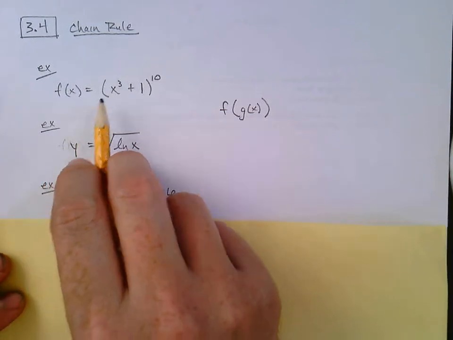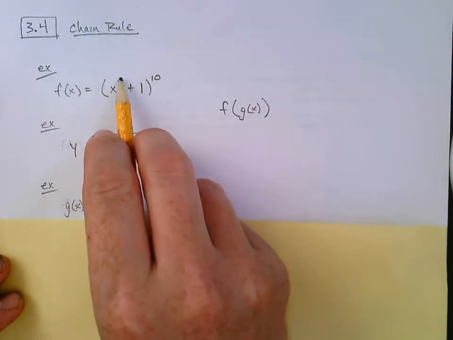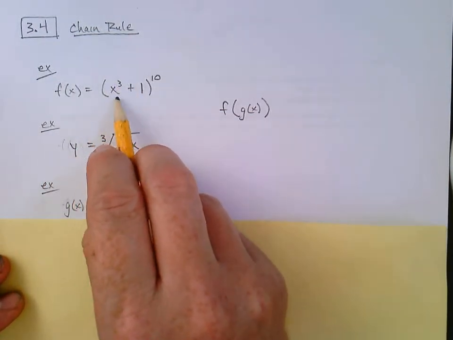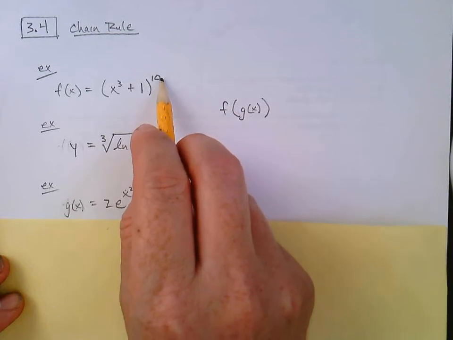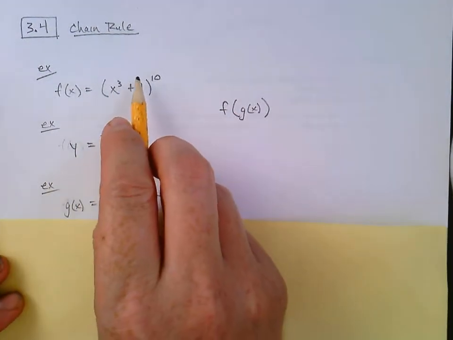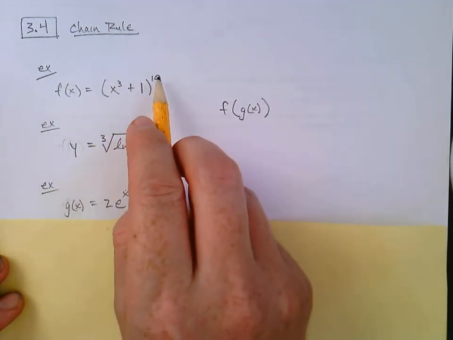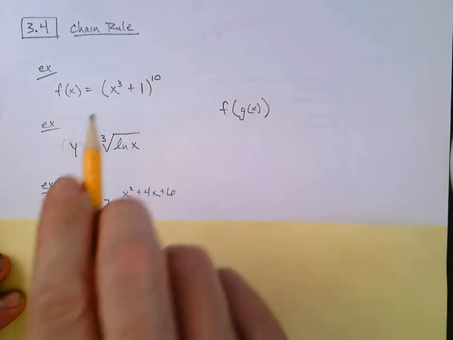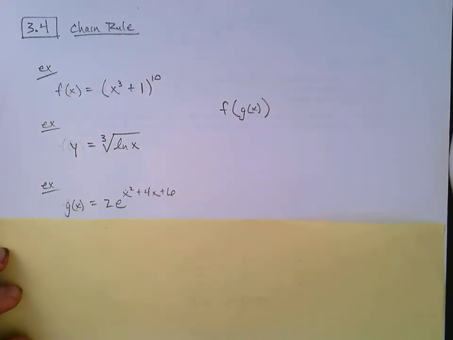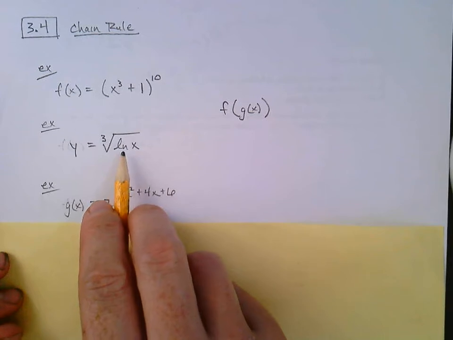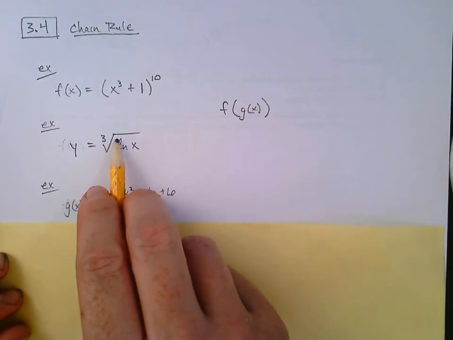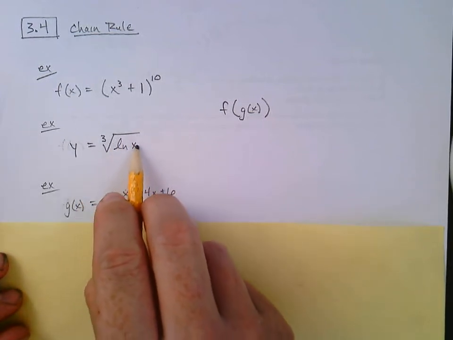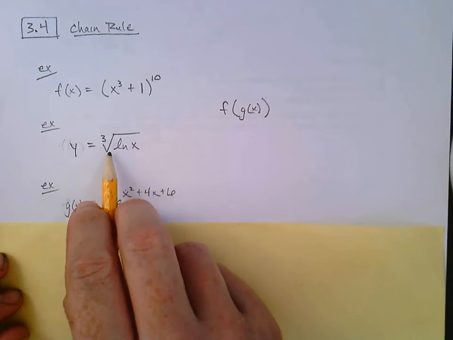For f of x, think of x to the third plus 1 as being inside this raising to the 10th. So this would be the g, and then the f function would be raising to the 10th power. Or this middle one, the g is the natural log of x, and that is inside a cube root.